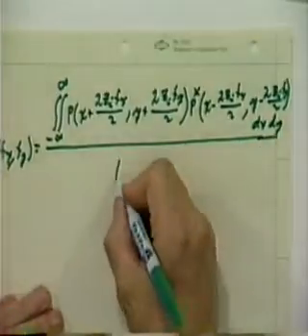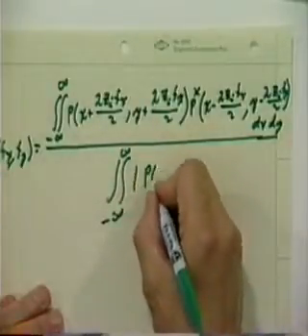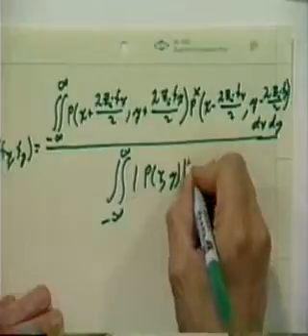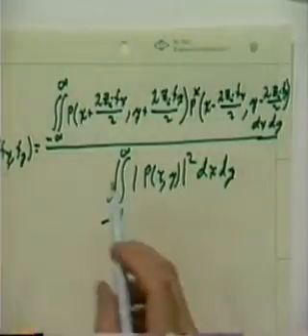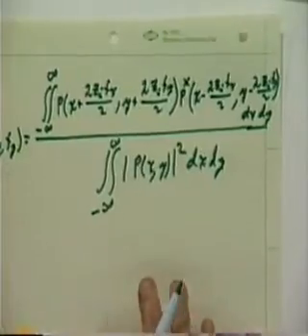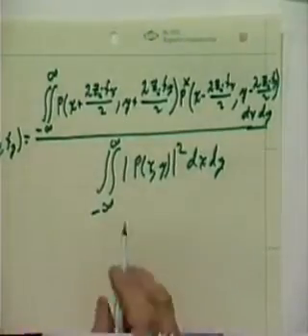And of course we want to normalize this, so we divide by the integral of P of x and y squared dx dy. So this is simply, if you can read my writing, the autocorrelation of the pupil function.